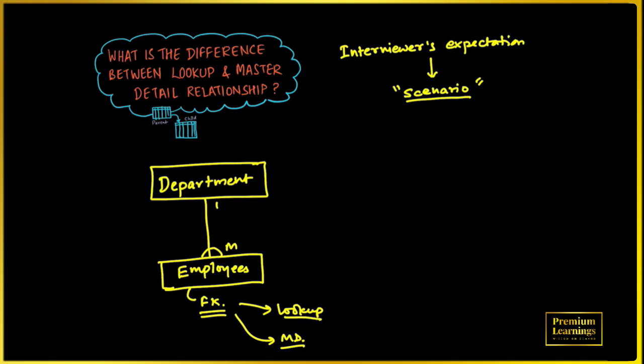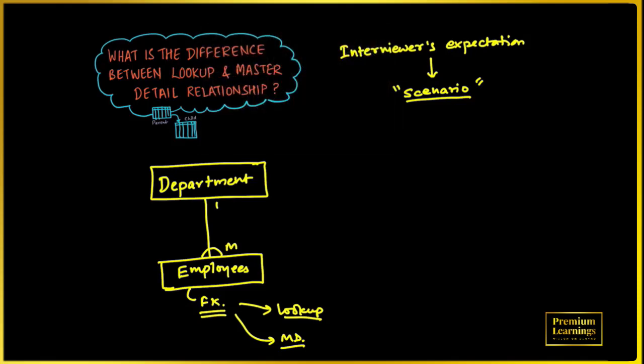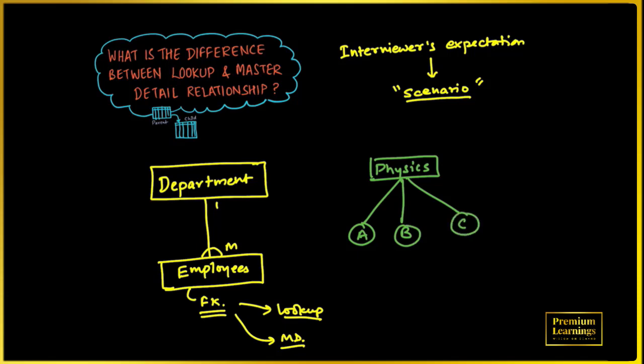How do we decide? We decide by asking a question. What will be that question? We need to ask our client that if there is a department called, say, physics, and there are three professors of physics, say Professor A, Professor B, and Professor C, if I close this department of physics, what will happen to these three professors, the three employees?